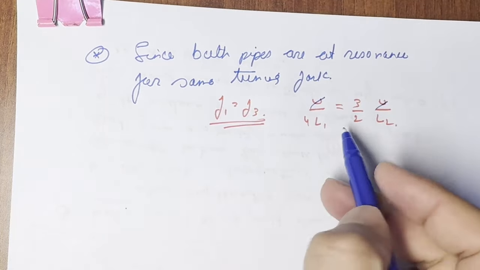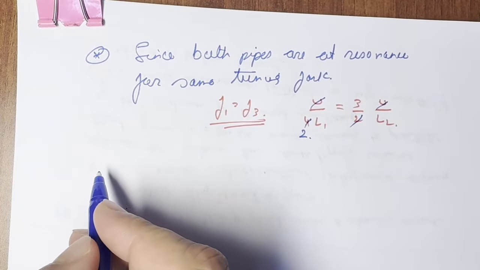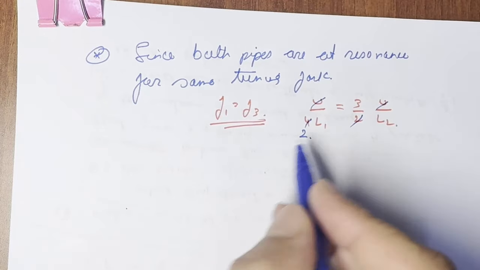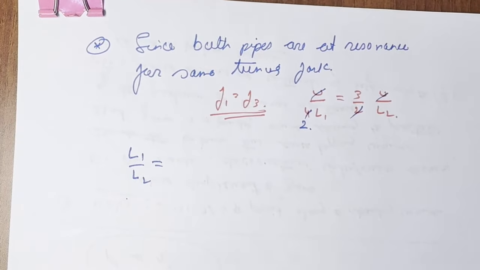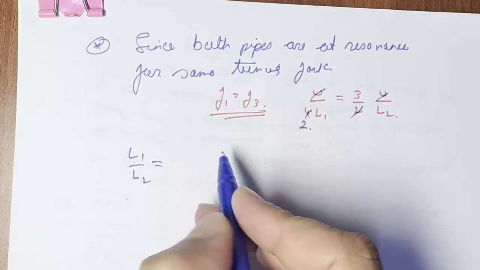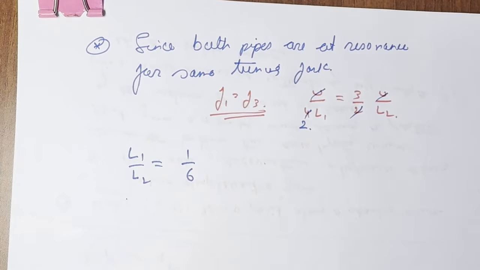So we are supposed to find out L1 upon L2. L1 upon L2 will be equal to 1/6. Okay.